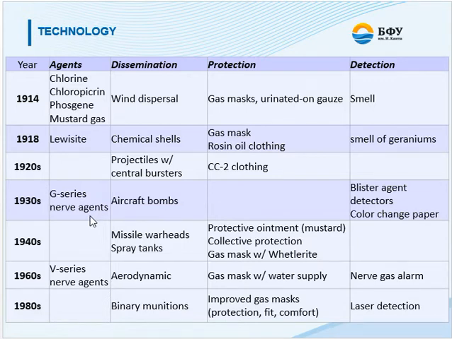G series nerve agents: aircraft bombs, missile warheads, spray tanks. Protection: protective ointment, mustard, collective protection, gas mask. V series nerve agents: aerodynamic dissemination, binary munitions.